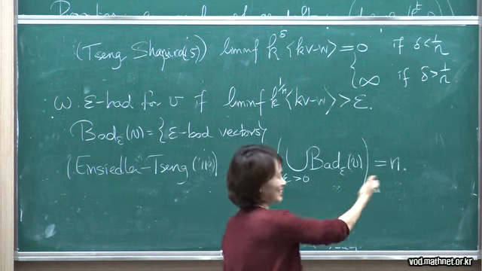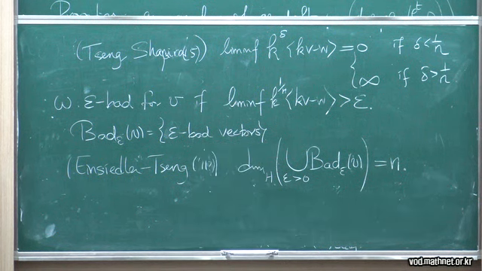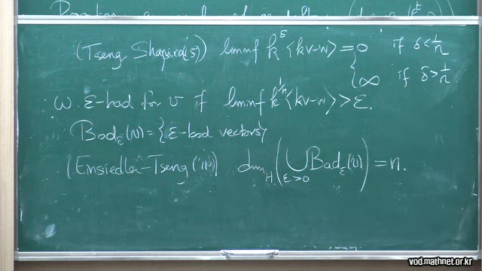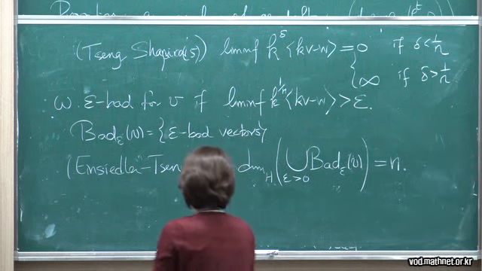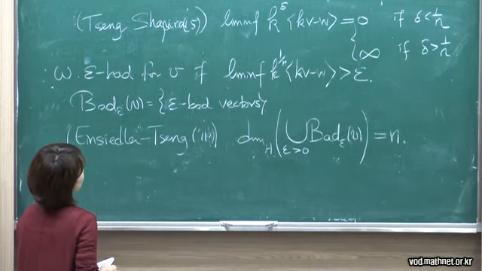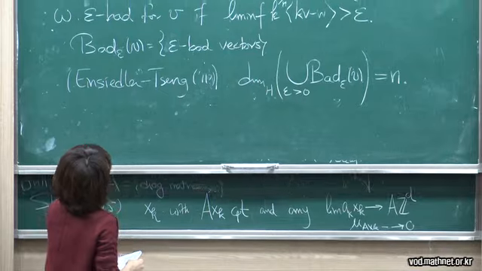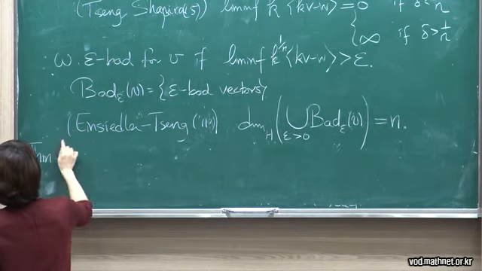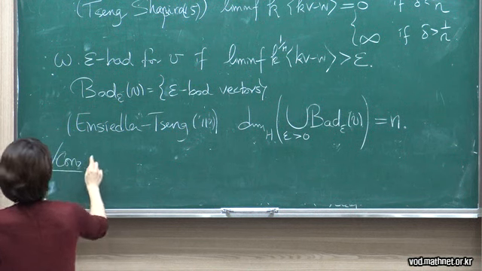You can see the relation here. You want to relate these bad vectors with these bad grids. So how do you get a result for these vectors? Let me write Theorem 2, or corollary.